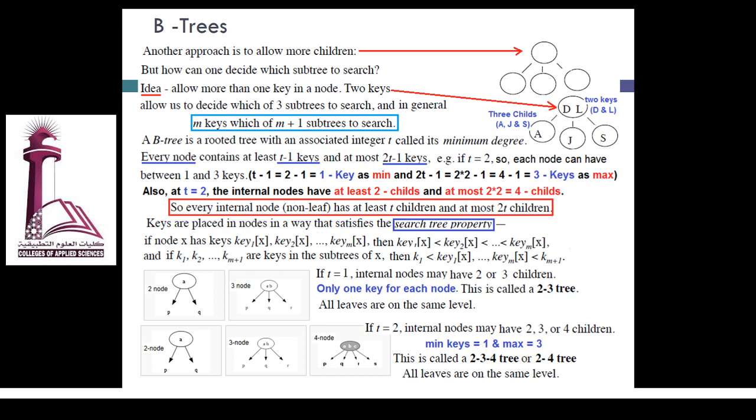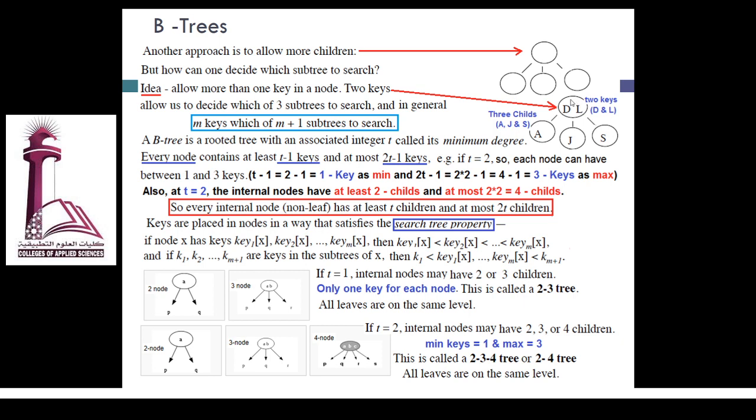So how many children can it have? For that also we have a formula. If it has n keys in a node, then it must have n plus 1 children. But this is applicable only for the internal nodes, meaning non-leaf nodes, because as you know, leaf nodes don't have any children.